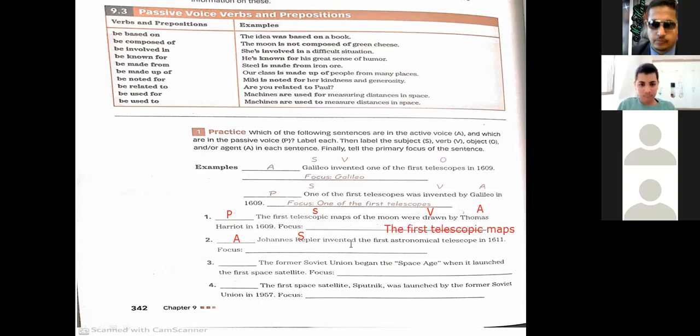Invented is a verb. The first astronomical telescope is the object. Focus: Johannes Kepler. Excellent. It's focused on Johannes Kepler.